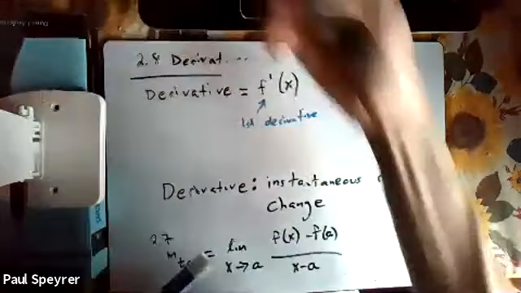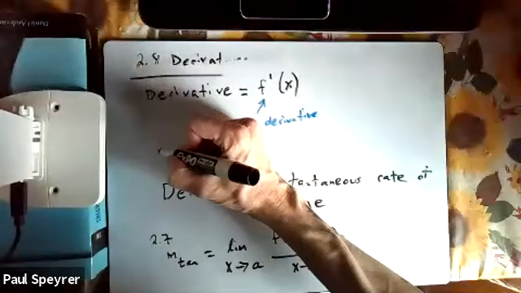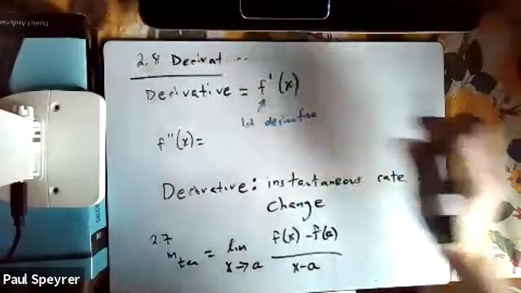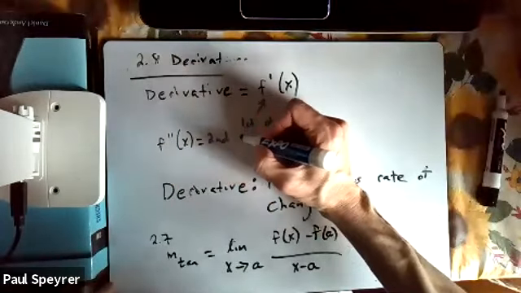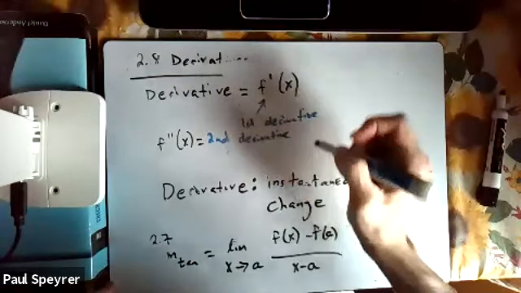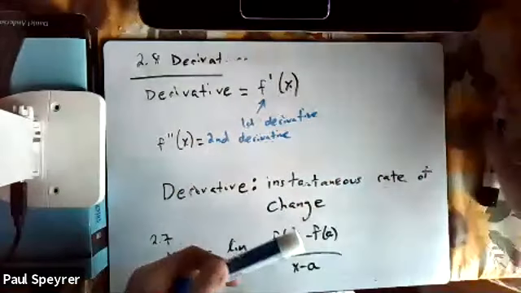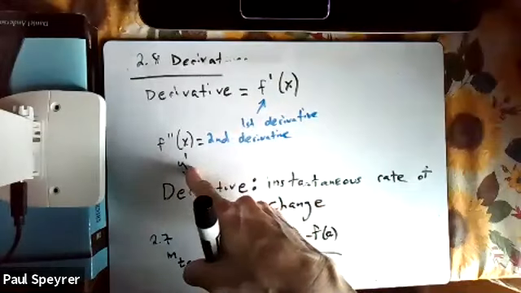You can have second and third and fourth. You can have the millionth derivative, but if you see f prime prime of x, for example, that means the second derivative. So this is just a little bit of notation. And if you saw 3 little ones, it means third derivative. Another way you may also see the derivative is y prime.